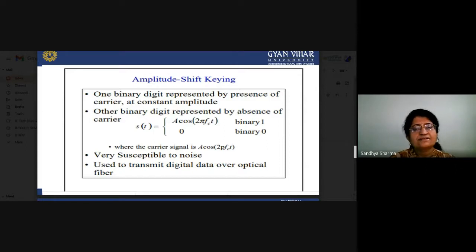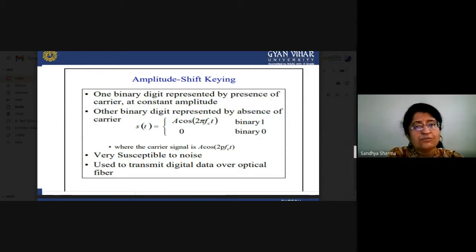Amplitude shift keying is very susceptible to noise. We have also seen in our analog communication system that amplitude modulation does not have good noise immunity compared to frequency modulation. Why does this happen? The effect of noise is a change in amplitude.